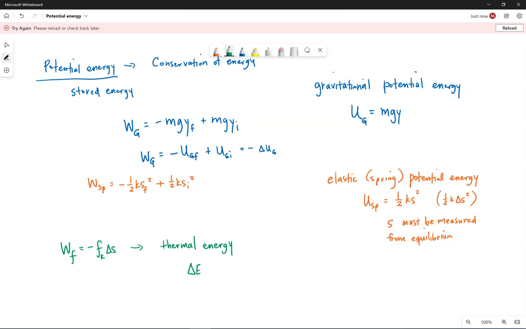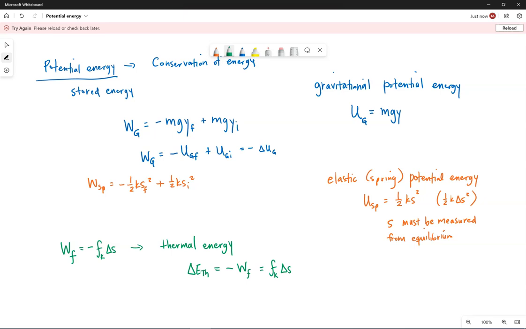We can say the energy generated is equal to the opposite of the work done by friction. So it's going to be the force of kinetic friction times the distance the object slides along the surface.